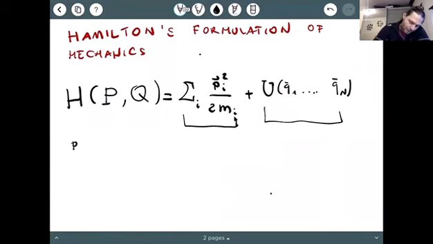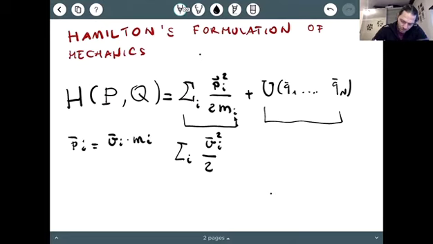P are velocities times masses. So if I explicitly write this, I discover that this part is actually velocity squared times mass divided by 2. So you recognize that the first piece of Hamilton's function is the kinetic energy.